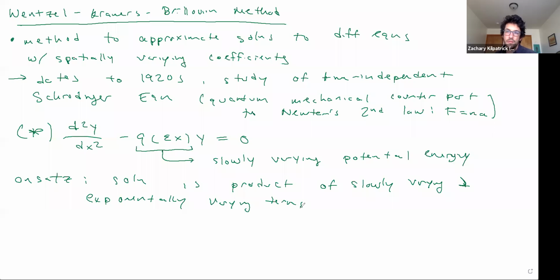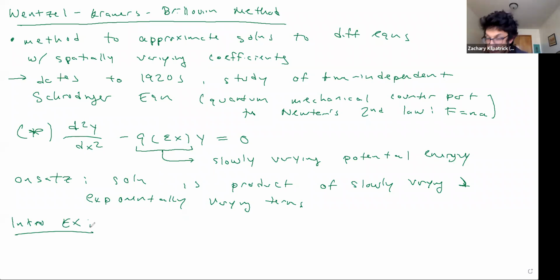So a lot of this will feel similar to methods that we've applied before. It's just that knowing that I have some slowly varying coefficient like this is going to suggest a specific kind of ansatz that I would want to use. Similar to how, with all the methods we had for asymptotically approximating integrals, we're triggered by the particular form of that integral.